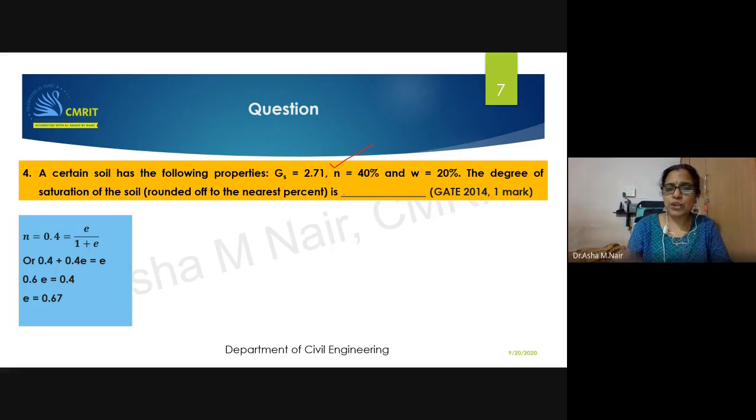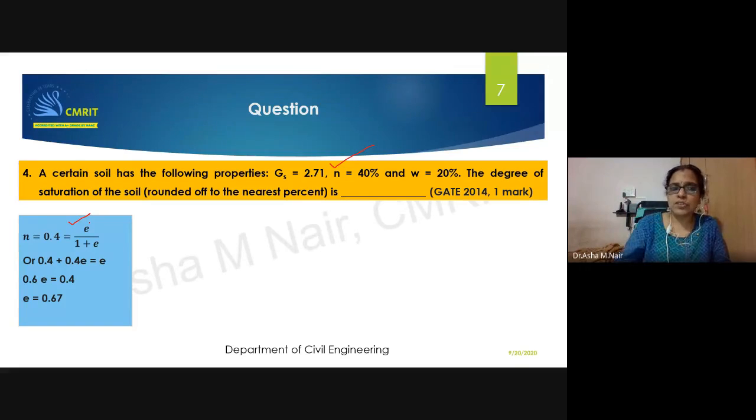If you look into the textbooks, you can find n in terms of e or e in terms of n. Don't get confused. Always follow only one expression because it is easy to remember one rather than two. So n is equal to e by 1 plus e. Don't even remember e in terms of n.